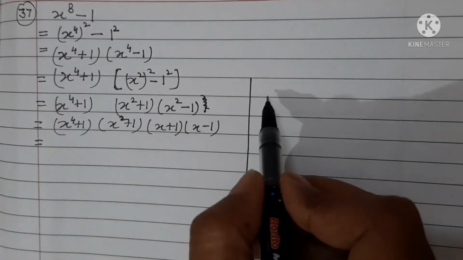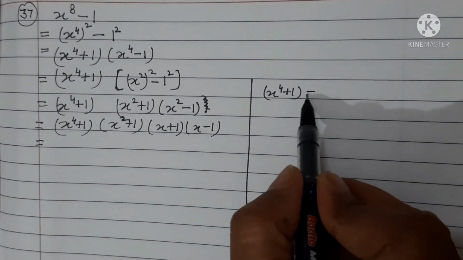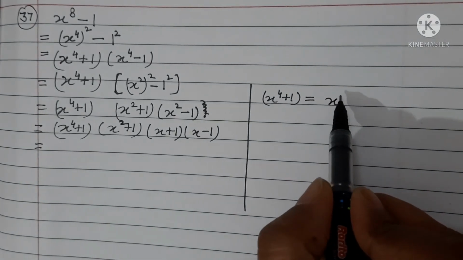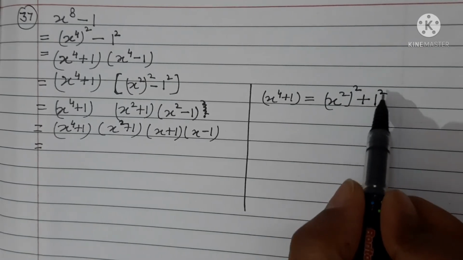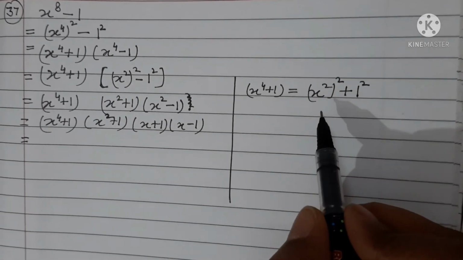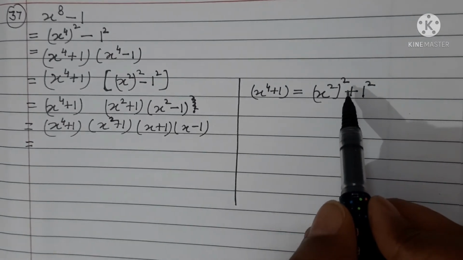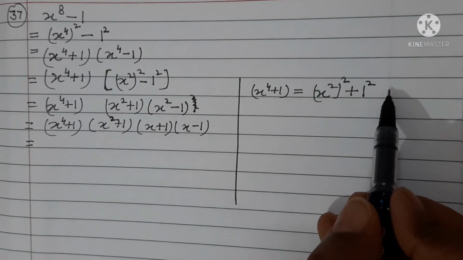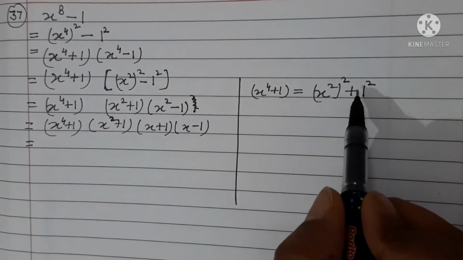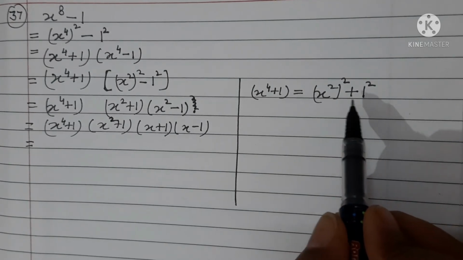in the next step. X to the power of 4 plus 1 is equal to, you can write it, x square whole square plus 1 square, and in the above question you used adding or subtracting a number to make a whole square. So which number do we have to add or subtract here? By finding 2ab.